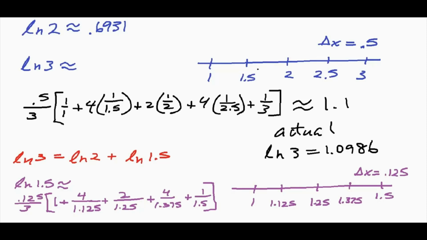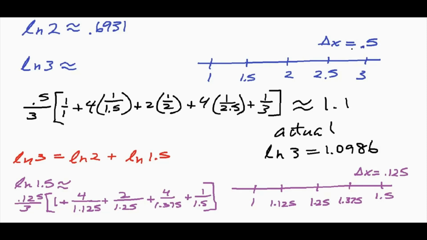Notice that for figuring out natural log of 3, I did 4 intervals here. And so that made my delta x 0.5. I've noticed that anytime you get above 0.25, the accuracy is not as good. I personally try to make sure I don't have a delta x over 0.25.